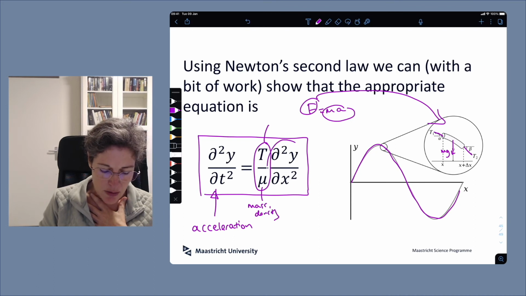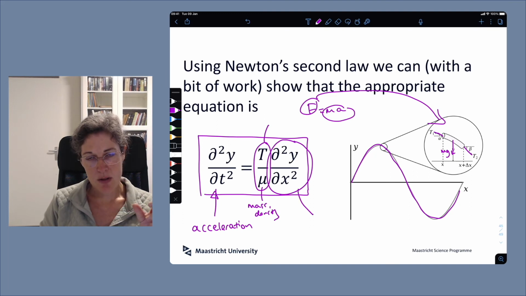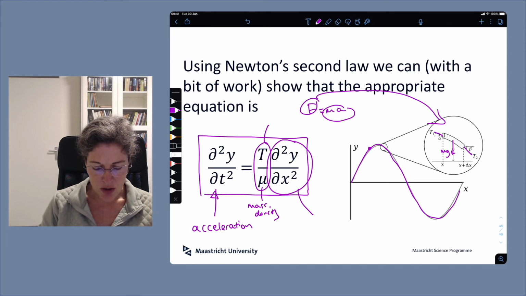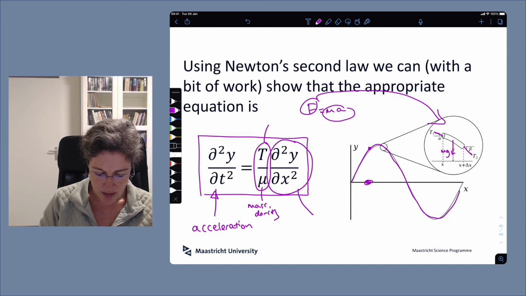But what is slightly different over here is this has the second derivative of y with respect to x, not with respect to t. So this is talking about how the position in y is changing depending on where you are in x.